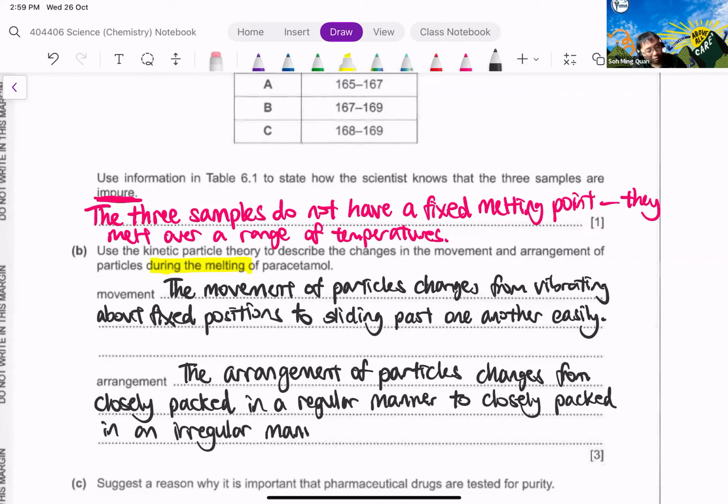Okay? So when they ask you for changes to the arrangement and movement, I hope you realize that this is the format of answering. Start with the original state, then what state does it go to? Okay?